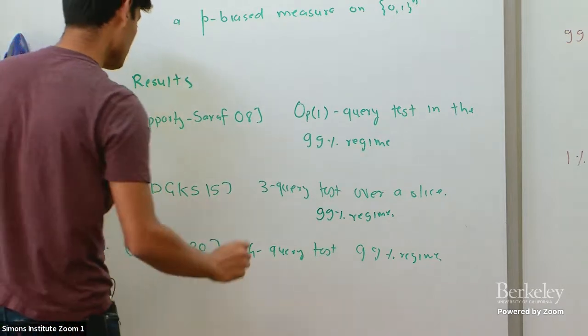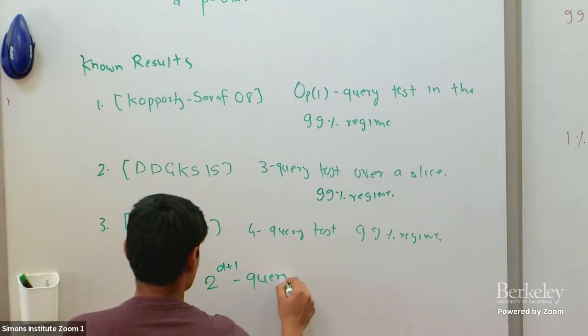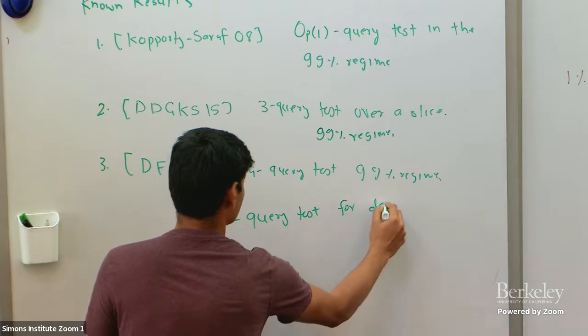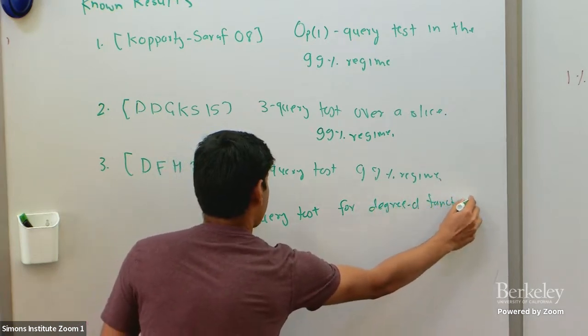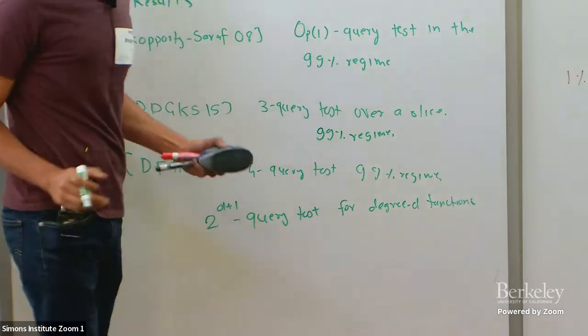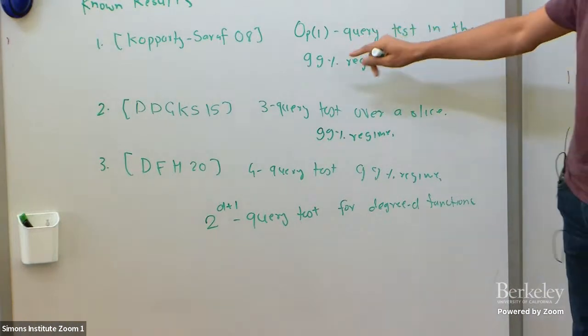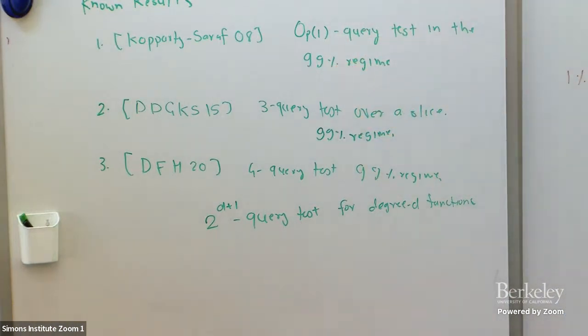They gave a 2^(d+1)-query test for low degree functions, for degree d functions. So if you just apply that to linear, you get that. So far we only knew a linearity test on a p-bias cube in the 99% regime, and the main result is that we now have a linearity test on a bias cube in the 1% regime.